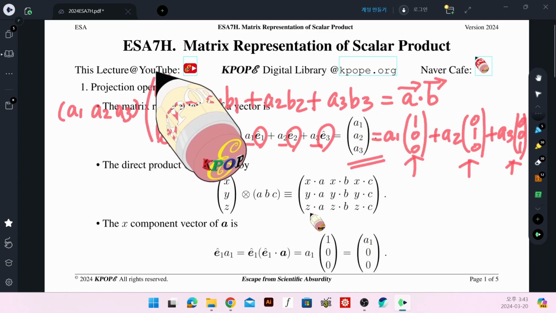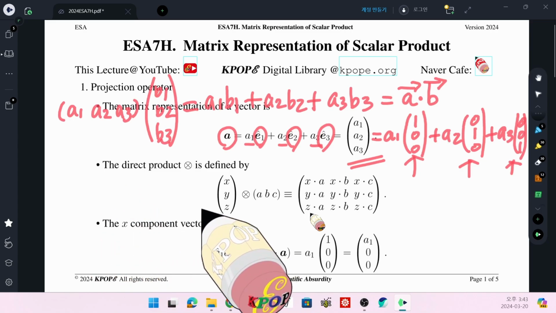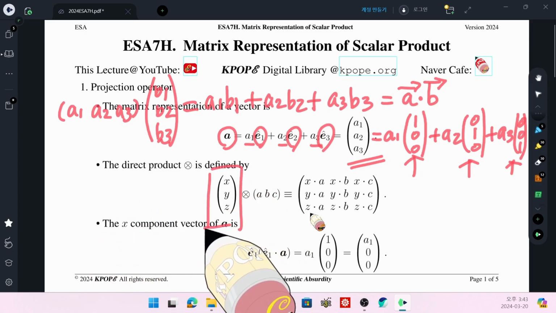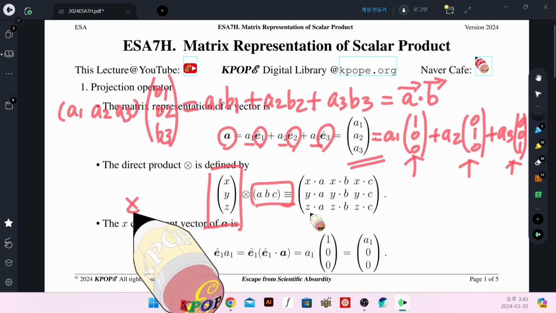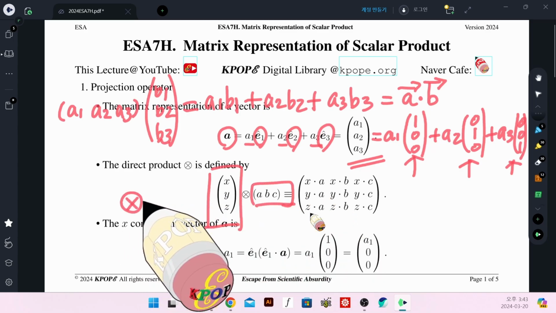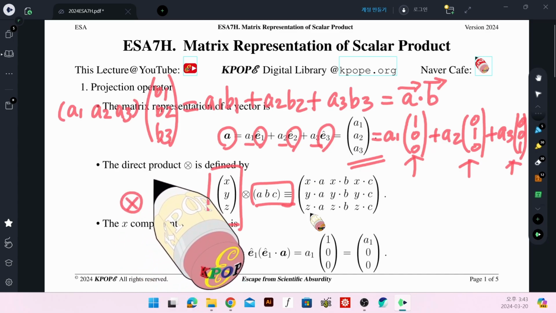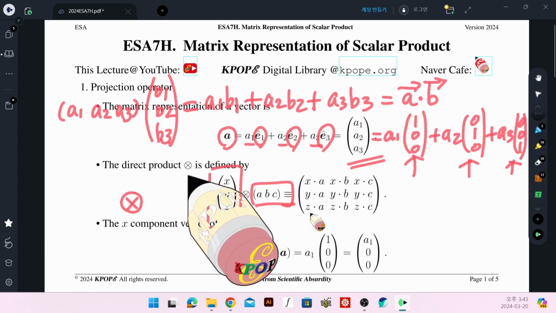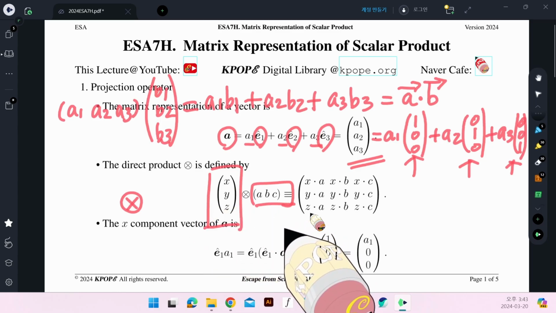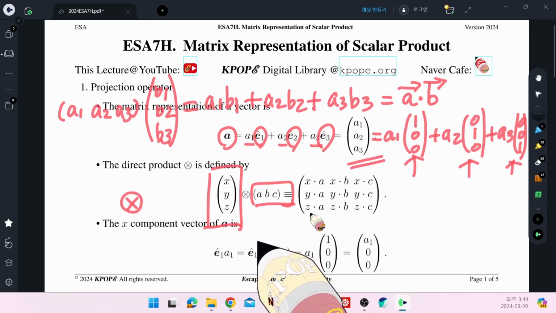Now we exchange the column and row. We have a column vector and a row vector, and there is a cross symbol. This symbol indicates it's a direct product. The direct product is a matrix that can be generated by two vectors.